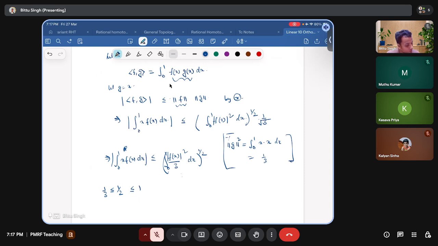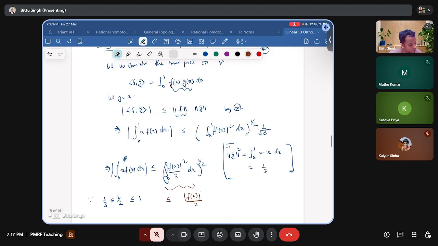Therefore, from here, this term will be less than or equal to the integral from 0 to 1 of f(x) whole squared by 2 dx, to the power half.